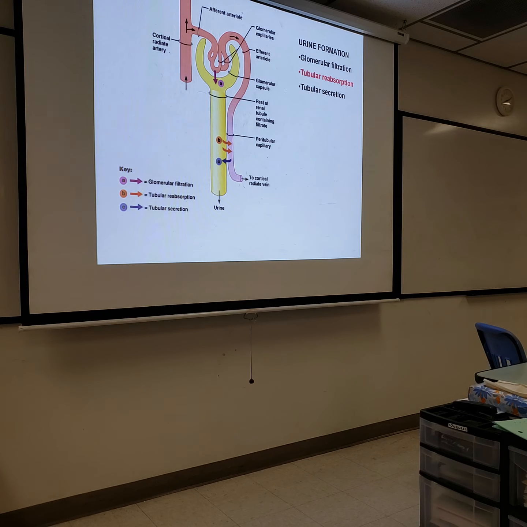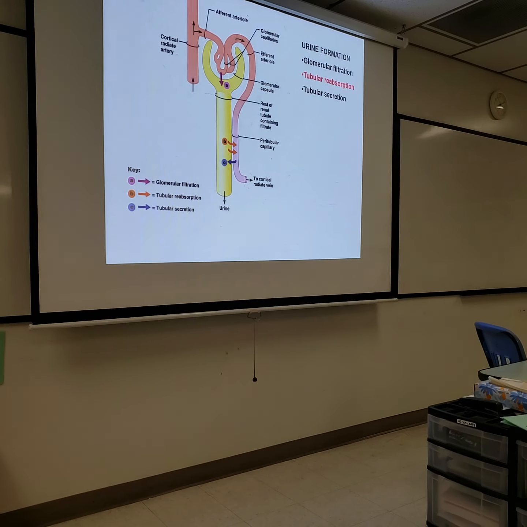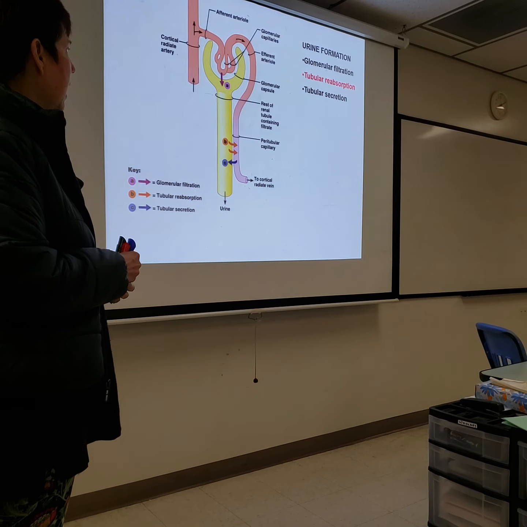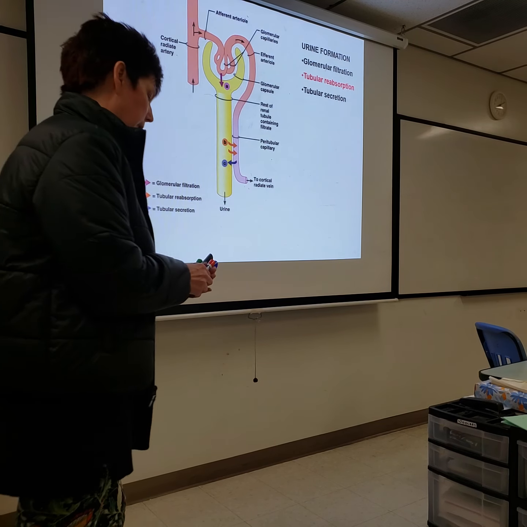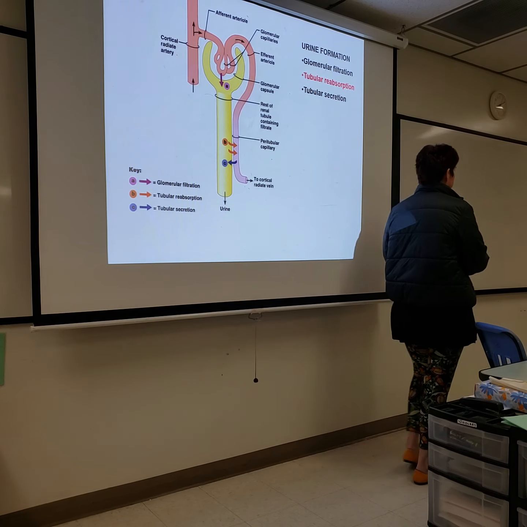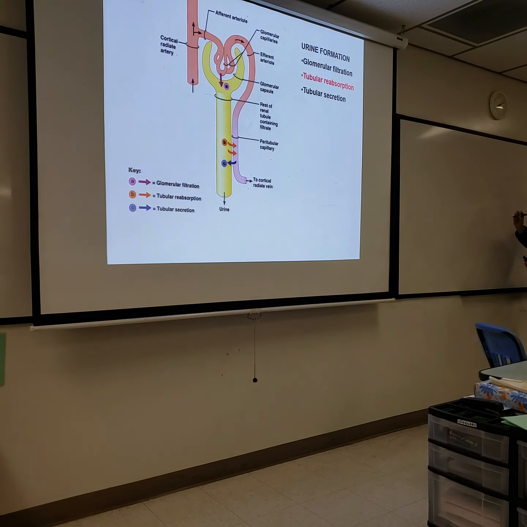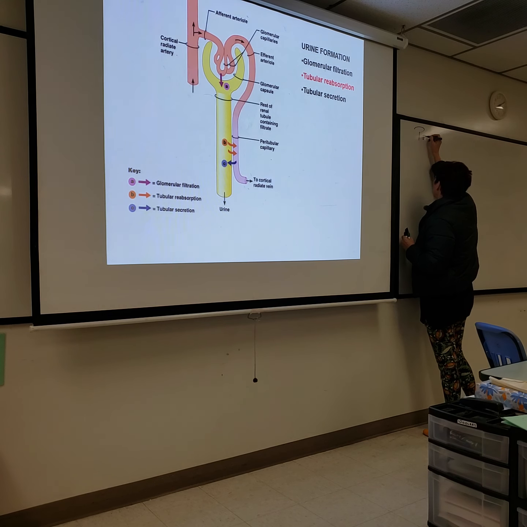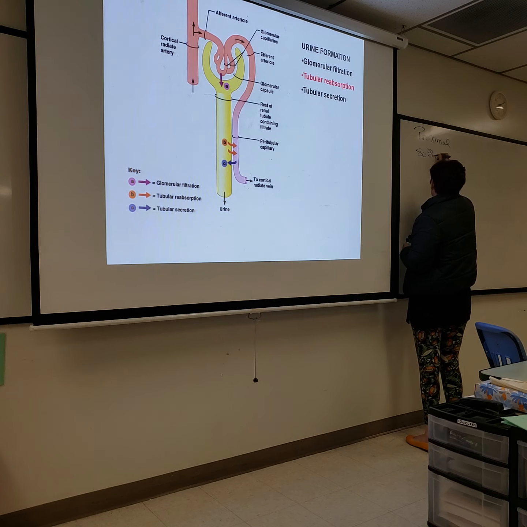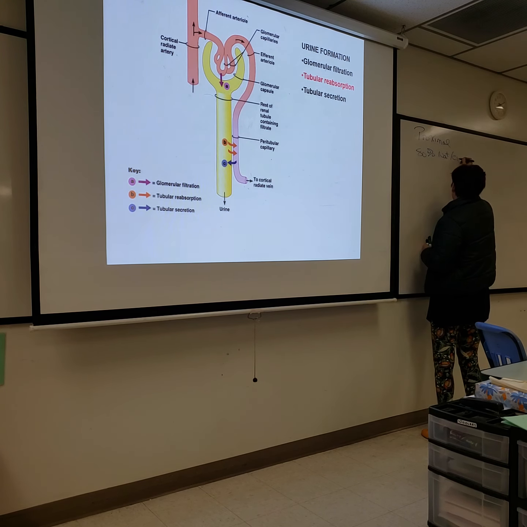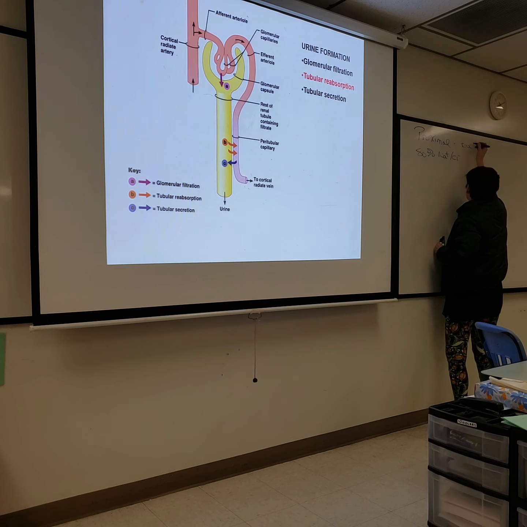All right, so now this is what I covered on the board previously, what urine does. Now we're moving to the second step, which is reabsorption. Although this occurs in the distal convoluted tubule as well, most of it is going to occur in the proximal convoluted tubule. 80% of sodium ions and chloride ions are reabsorbed.